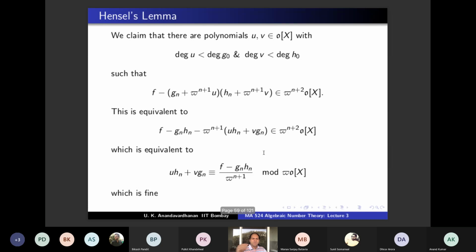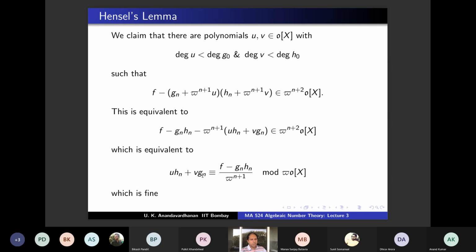This is true, which is fine, with this condition, with these inequalities. Why is that? Because what you know is, you can write 1 as, right? Gn and Hn have the property that Gn bar is G0, Hn bar is H0, and G0 and H0 are coprime.